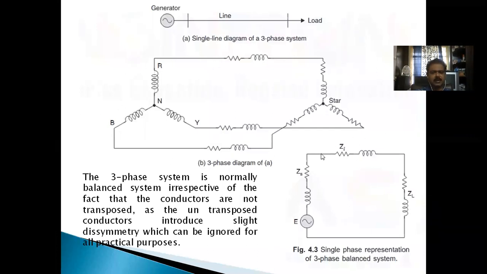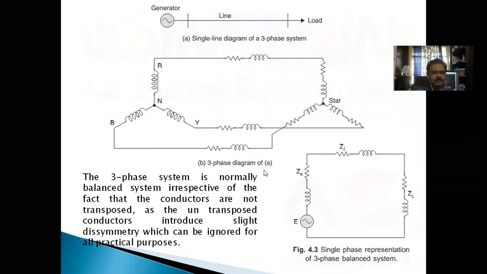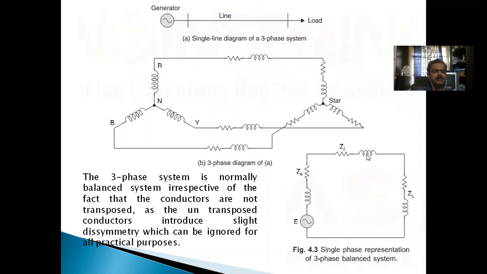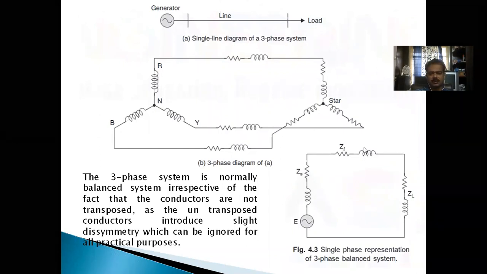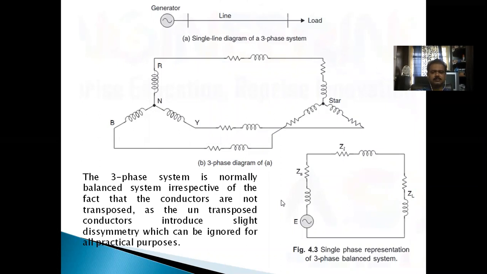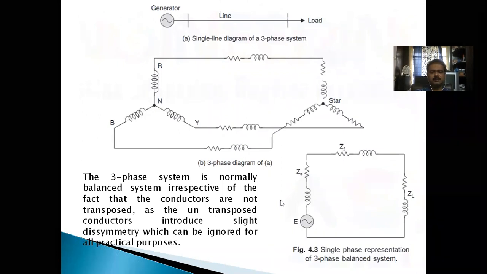A complex three-phase diagram has all three phases in the generator, all three phases at the load, and three transmission lines. This entire thing can be represented using either a single line diagram or a single phase representation of a three-phase system. Generally we neglect the transposition, as it may not affect the values.